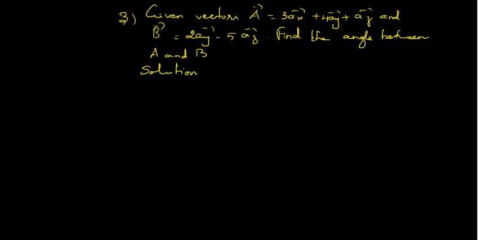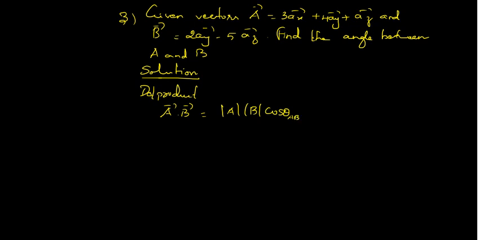In order to find the angle between these two, we can use either the dot product or the cross product. First let us see by both methods we can find this. By dot product, how can we find? A vector dot B vector is equal to modulus A modulus B cos theta, that means theta AB.